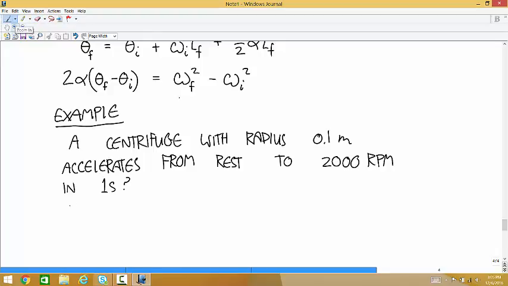And we want to know first what's the angular acceleration, and second, what's the acceleration vector of a particle on the outside at the outer edge of the centrifuge.